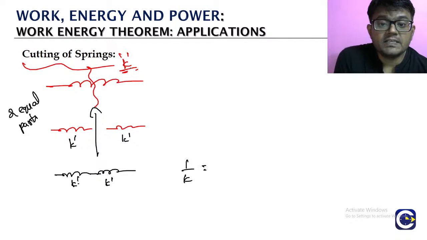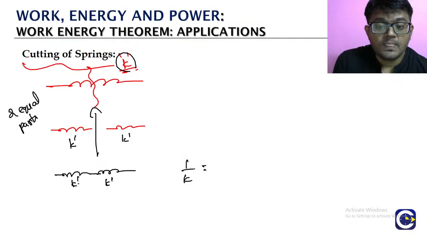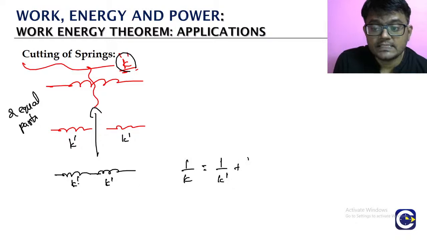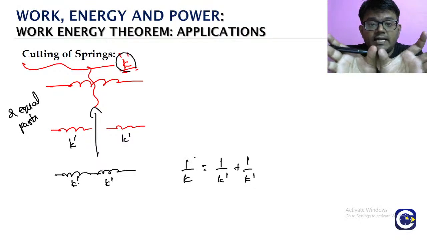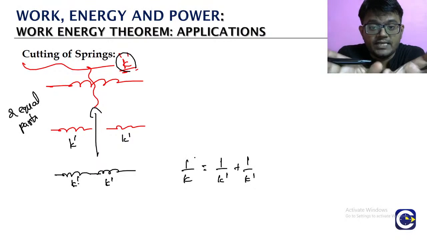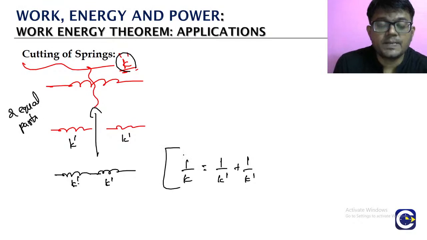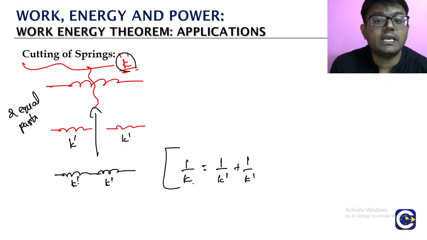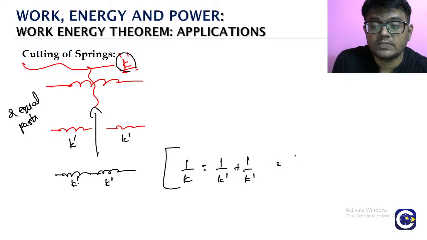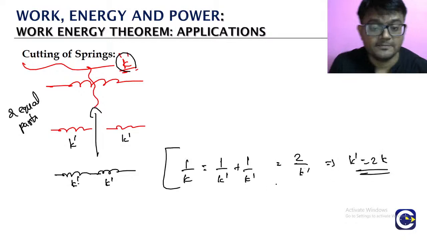The original spring constant is K. 1 by K equivalent is equal to 1 by K dash plus 1 by K dash, because these two parts, when put in series, give us the original spring. So the original spring constant we know is K. So 1 by K is equal to 1 by K dash plus 1 by K dash. What is this? 2 by K dash. So from here if you rearrange, what do we have? K dash is equal to 2K.